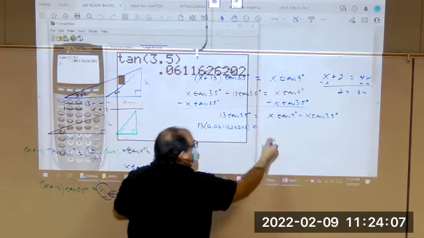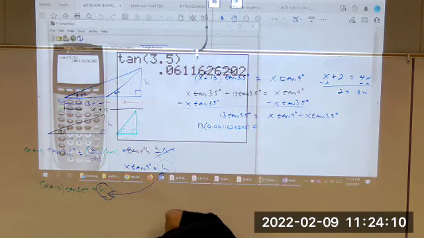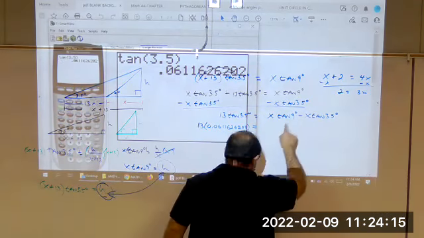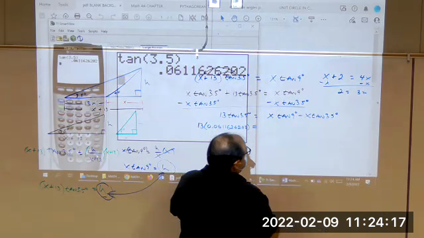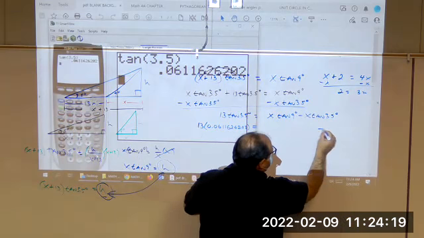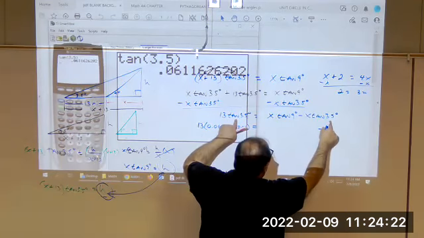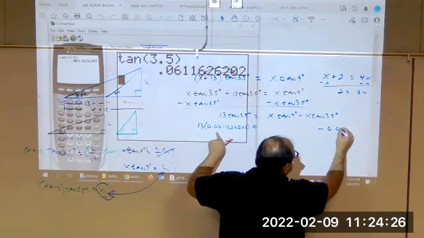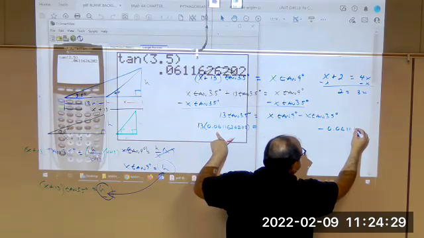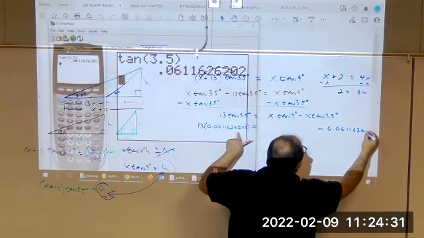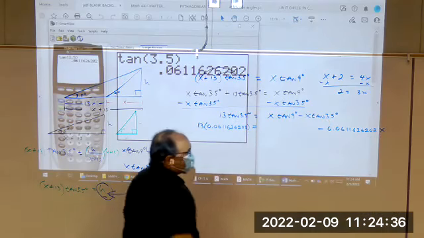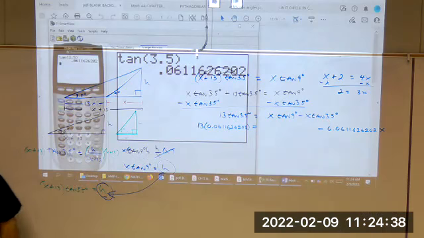Is equal to, now, I still need to take the tangent of 9 degrees, but over here, it's going to be minus x times the tangent of 3.5. So it's going to be 0.0611626202x, because that's my tangent of 3.5.